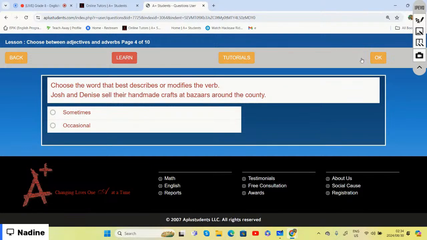Do we say they do it sometimes or occasional? And we can say that Josh and Denise sell their handmade crafts at the bazaar around the county sometimes, or occasionally, or they occasionally sell this stuff.